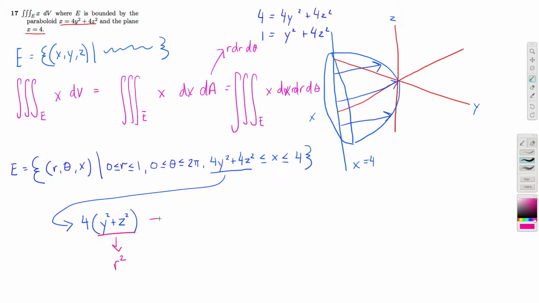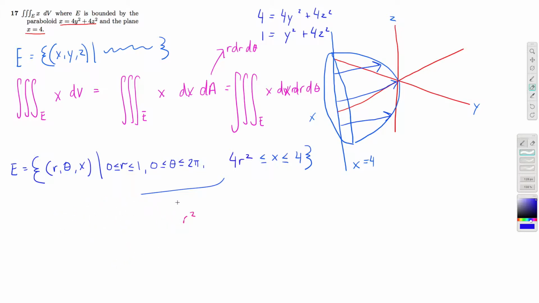So another way you could write 4y squared plus 4z squared is 4r squared. So you could rub this out and rewrite it as 4r squared, and you've just made your life a whole lot easier.